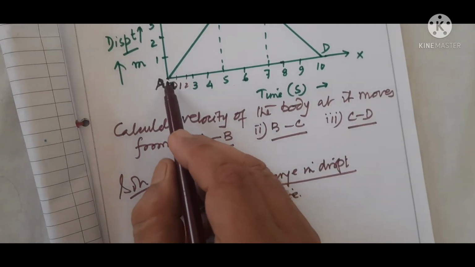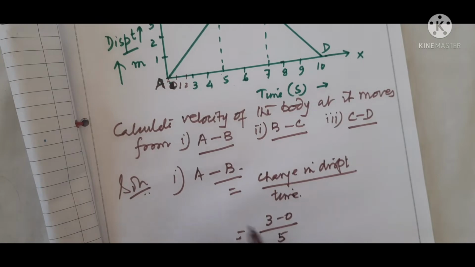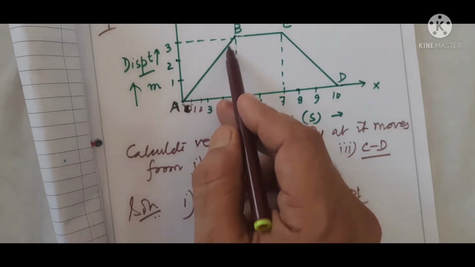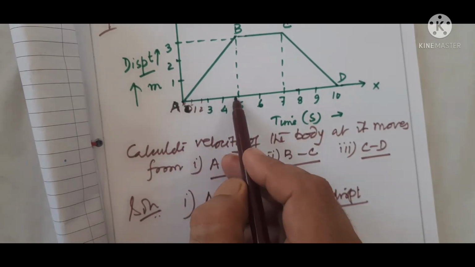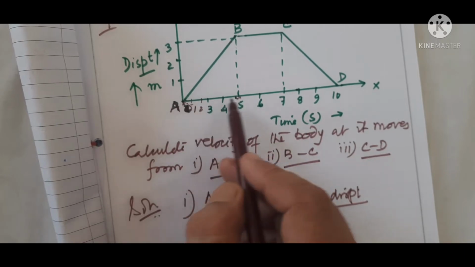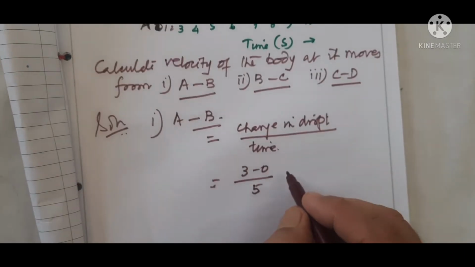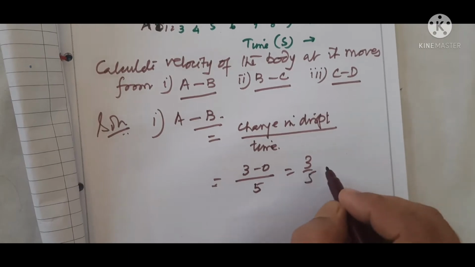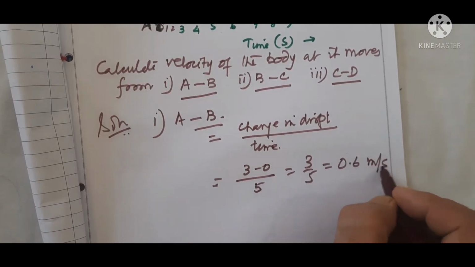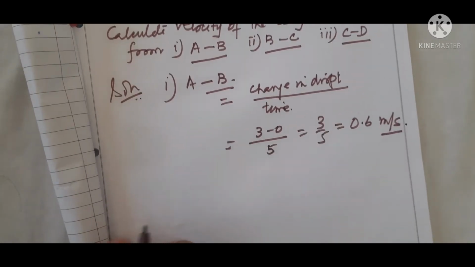So here the time is 5 minus 0, that is your total time, 5 seconds. 0 to 5 के बीच 5 minus 0, that is 5. So the answer will be 3/5 meter per second. That is your 0.6 meter per second. That should be your answer.